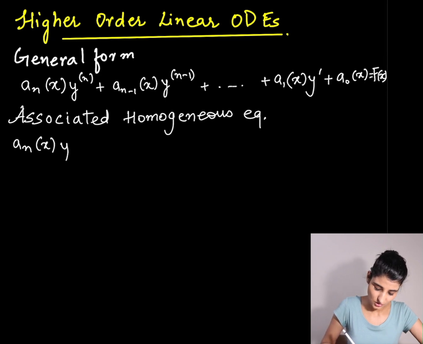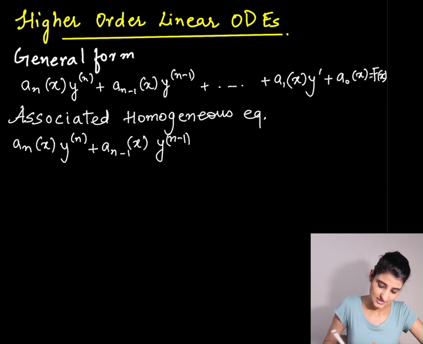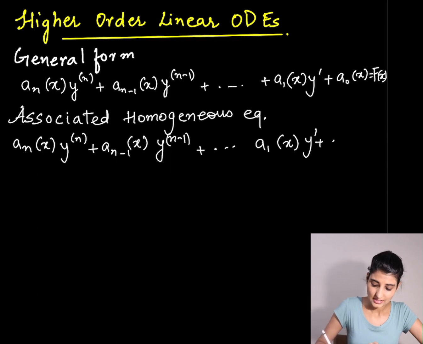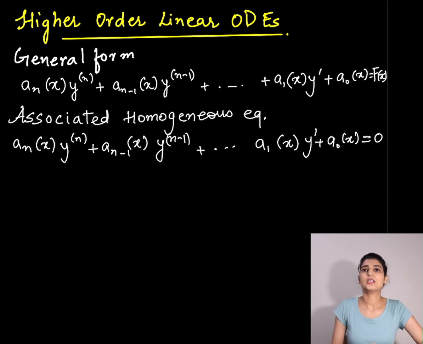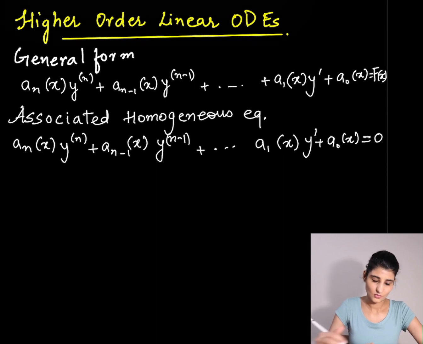The associated homogeneous equation will be an of x times the nth derivative, plus an minus 1 of x times the (n minus 1)th derivative, and so on till a1 of x times the first derivative, plus a0 of x times y equal to 0. So we make the associated homogeneous equation by substituting f of x equal to 0.